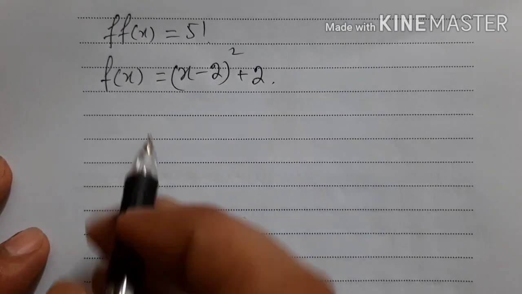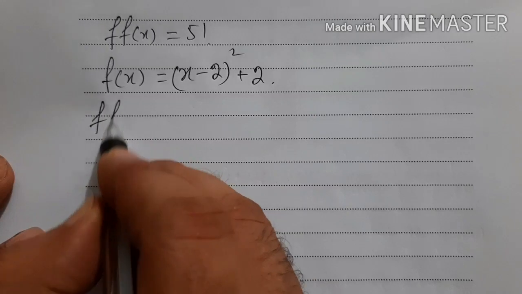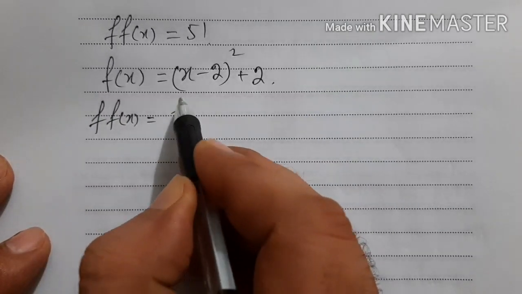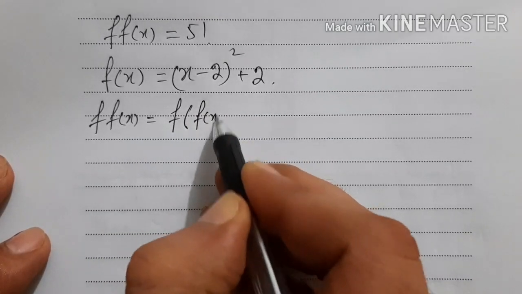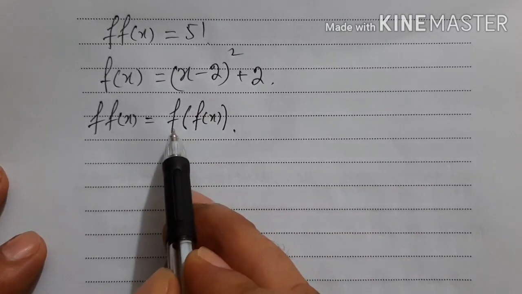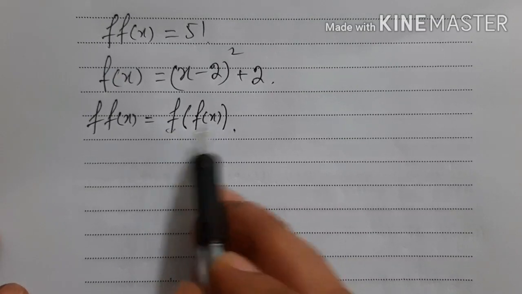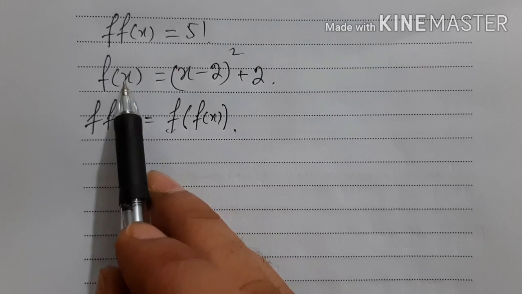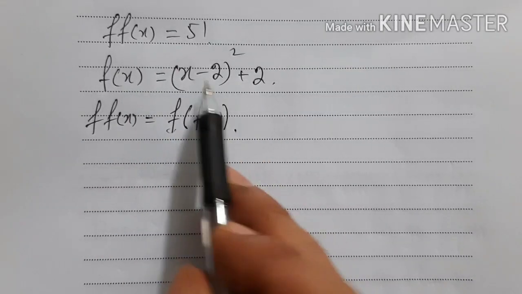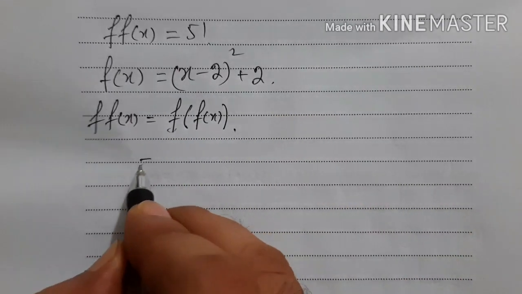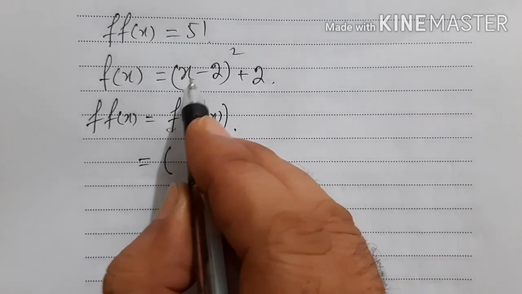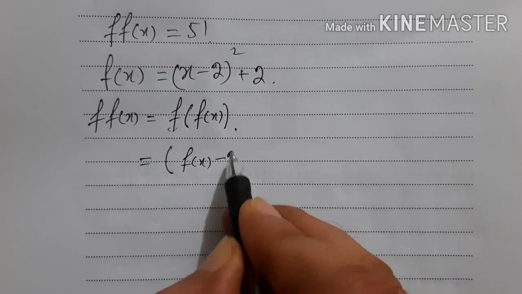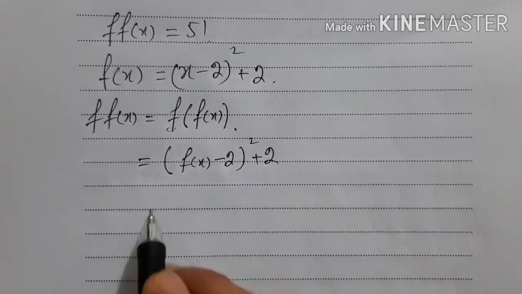So for f of f of x, actually we have to go like this. It means the function of f(x), so we'll have to replace this x with f(x) in this expression. So where there is x, we'll put f(x): (f(x) minus 2) whole square plus 2.